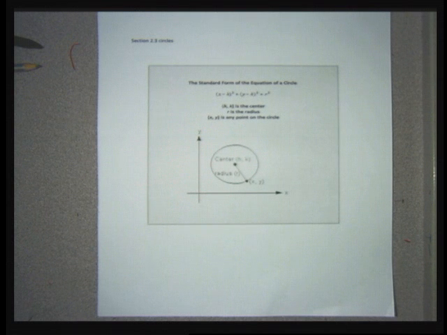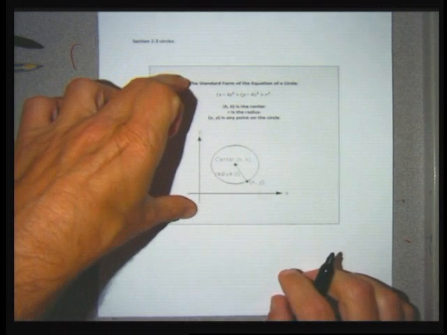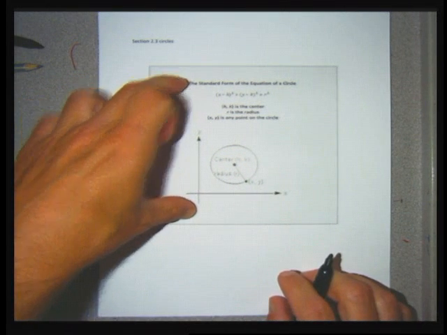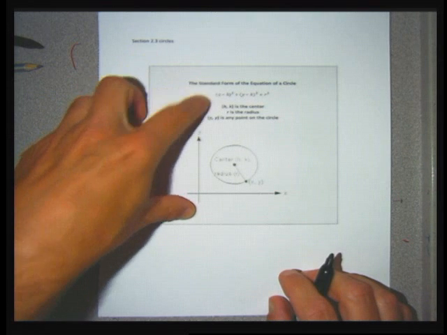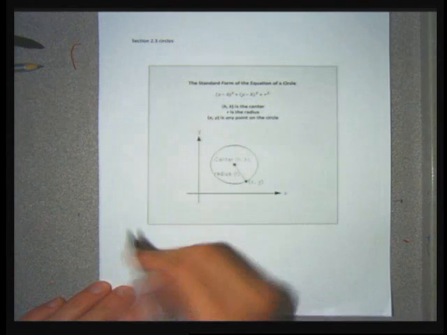So section 2.3 is all on circles, and it's all basically hinged on a single equation, which you may or may not be able to read on my video so well. But if you printed out section 2.3, then this is the little box that's right on the top of the page.